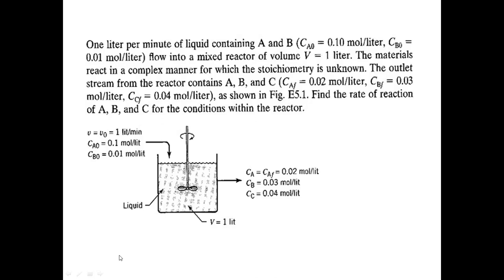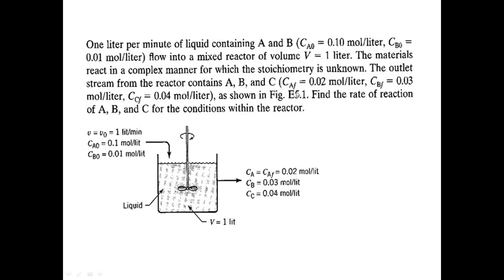Now, the materials react in a complex manner for which the stoichiometry is unknown. So we do not know the stoichiometry of the material. The outlet stream from the reactor contains A, B, and C in the following concentration. So you have CAF, this is the final concentration of A remaining is 0.02 mole per liter.